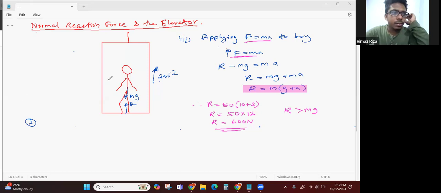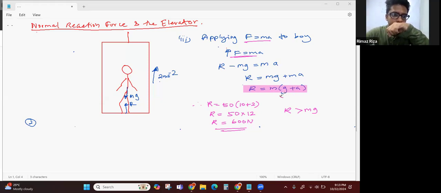Do you understand the writing of R minus mg? Yes. Okay, so that is the resultant force acting on the boy, equal to mass times acceleration. Making R the subject, R equals mg plus ma. Taking m as the common factor, R equals m(g plus a).